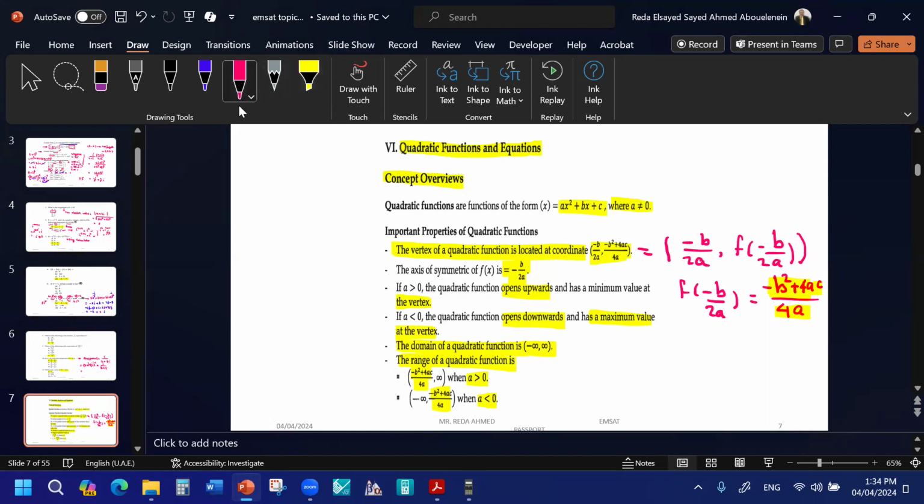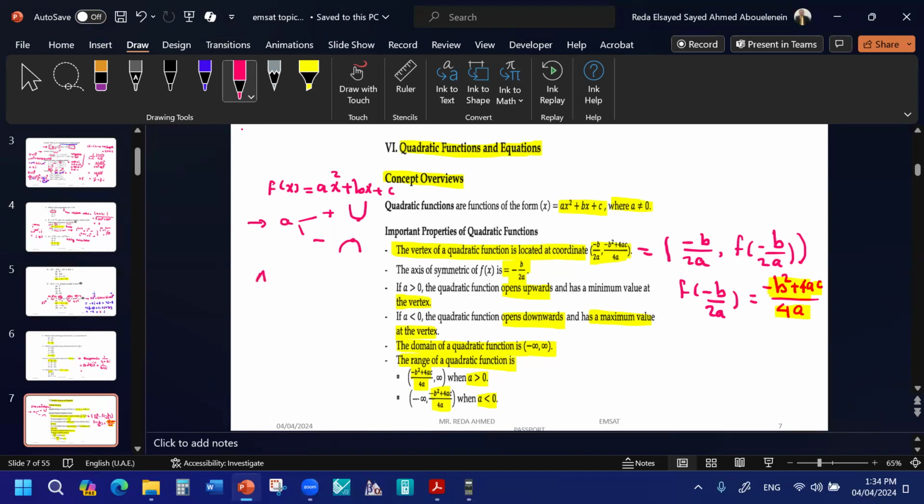If I have f of x in the form ax squared plus bx plus c, we have to keep in mind whether a is positive or negative. Positive means the function is drawn upward. If a is negative, the function is drawn downward.